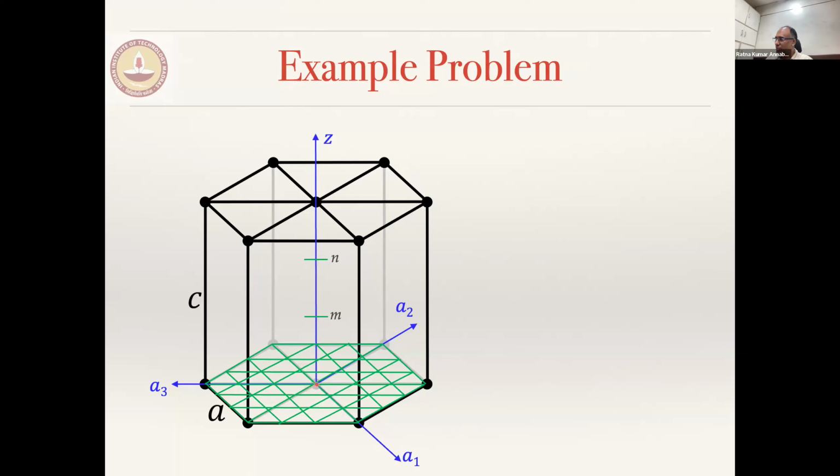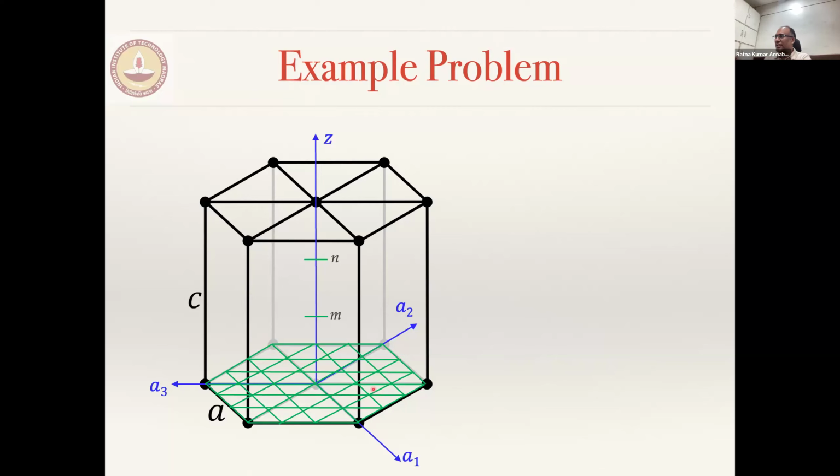You are not moving along a1, you are just moving along a2. So that will be 0, 1 bar, and along a3 you are not moving, so 0, and the z direction is also 0. And similarly, if you look at this one, the representation is 1 bar, 0, 0, 0. So all these directions are represented by 3 zeros and one 1. That is why they are all equivalent directions.